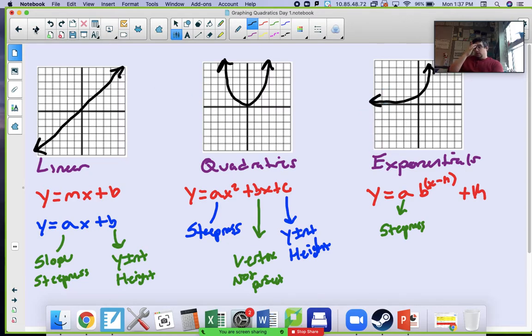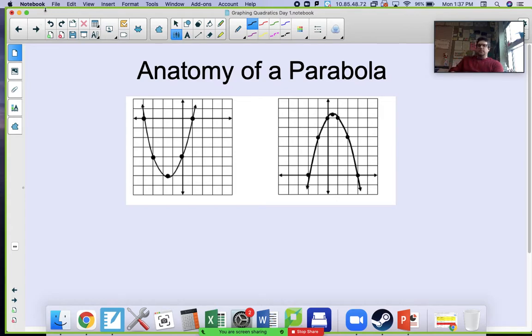All right. So parabolas. Some of the important pieces of parabolas. These two dots right here are known as our roots. They are the most important feature of a parabola. They're the x-intercepts. They're where our answers typically are. We have this point all the way at the bottom of our parabola. It's known as the vertex.